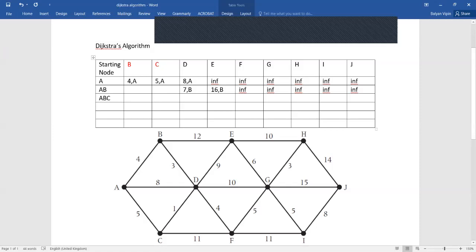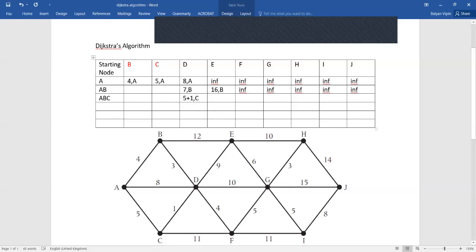Now C to D, what is the cost? 1. And what is the cost to reach C? It's 5. So the total cost is 5, the cost to reach C, and the cost from C to D. So it's 6, and then you will write root as your C.